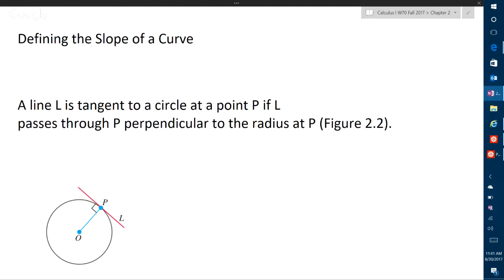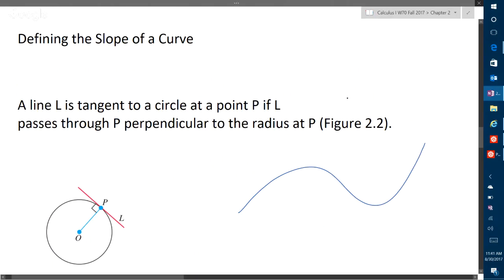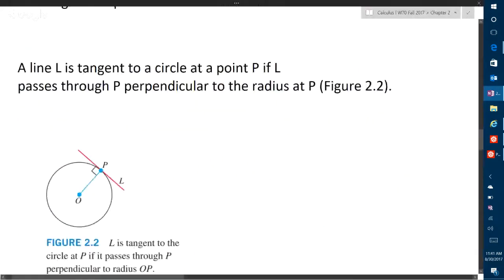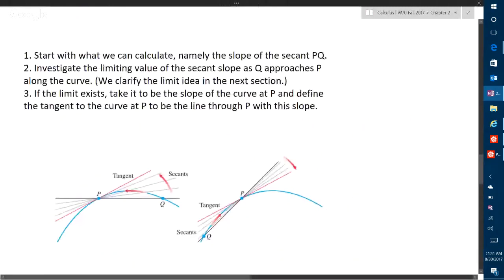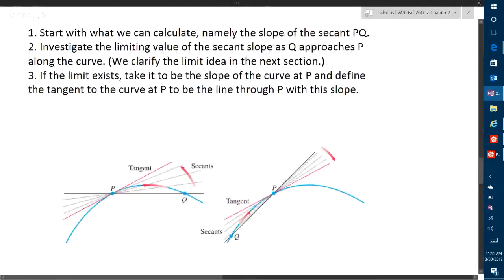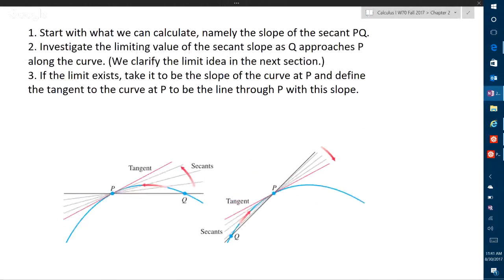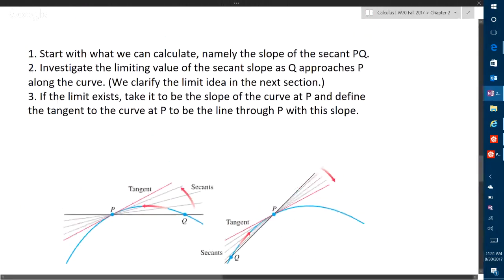Now for a general curve, something like some kind of general polynomial, you start with the secant lines, like what I showed you earlier.